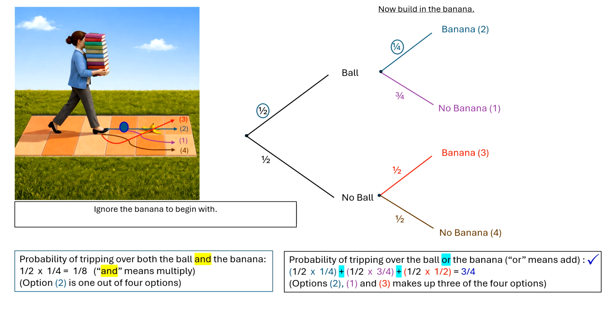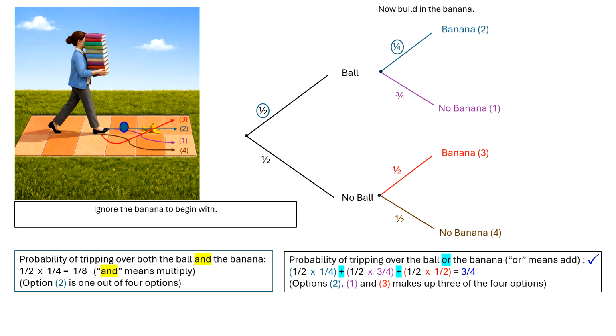So for this, going up the tree, we have the 1 in 2 chance multiplied by the 3 in 4 chance to get to no banana. And then there's another possibility for tripping over either the ball or the banana, which is she doesn't trip over the ball, but then she does trip over the banana anyway. And so to get to banana 3, we have 1 in 2 times 1 in 2, which is 1 in 4.